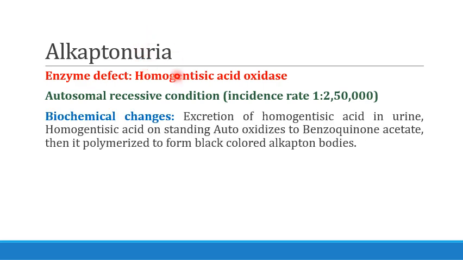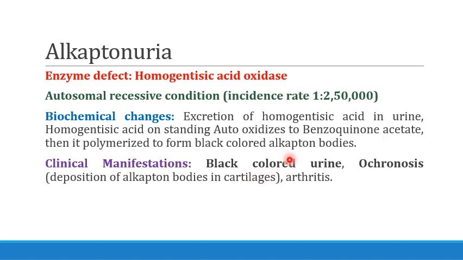The biochemical change in alkaptonuria is mainly the excretion of homogentisic acid in urine. This homogentisic acid, on standing, is oxidized to benzoquinone acetate, and this benzoquinone acetate polymerizes to form black colored alkapton bodies.